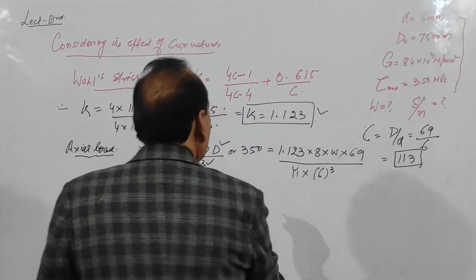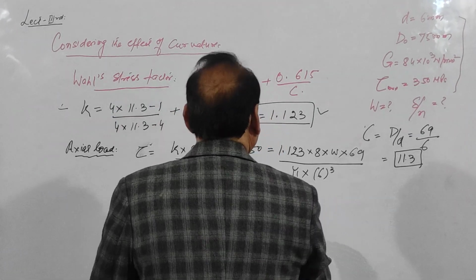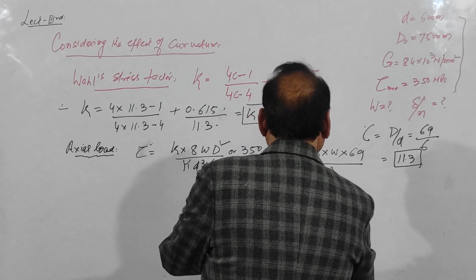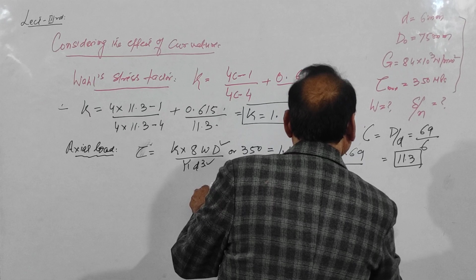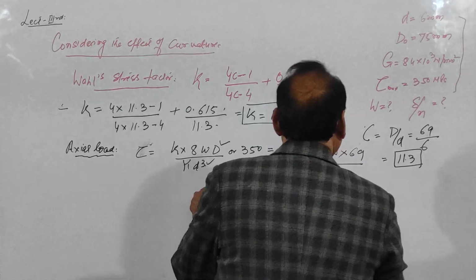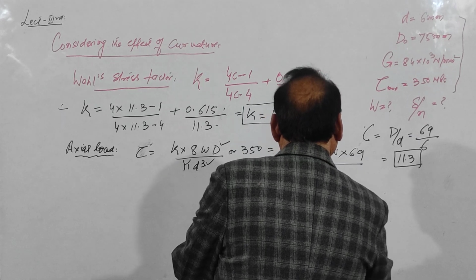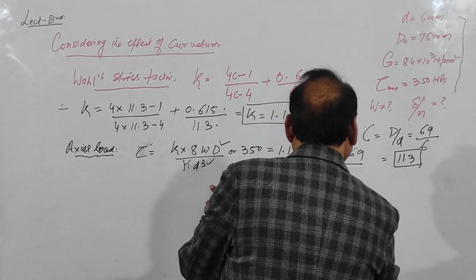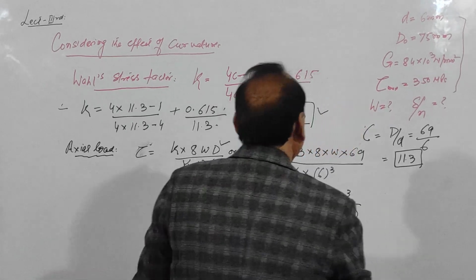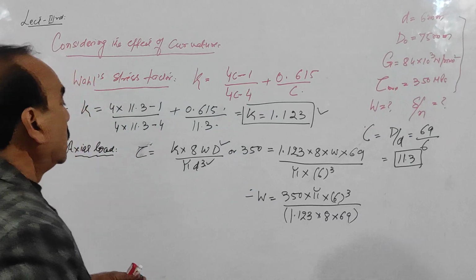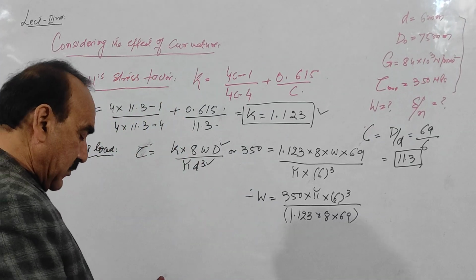Therefore W is equal to 350 into pi into 6 whole cube divided by 1.123 into 8 into 69. Right? So again just check the calculator.